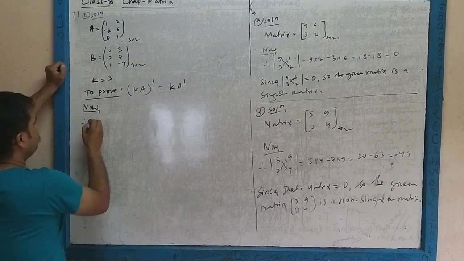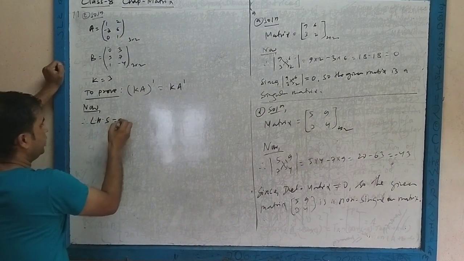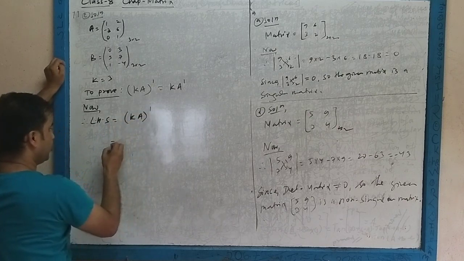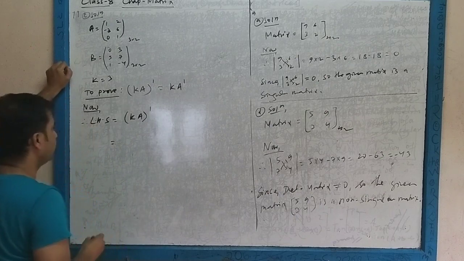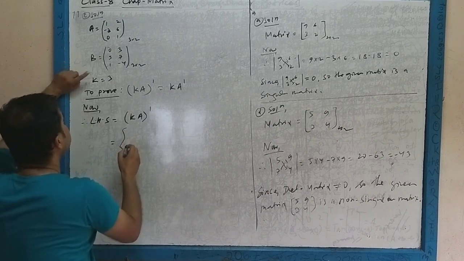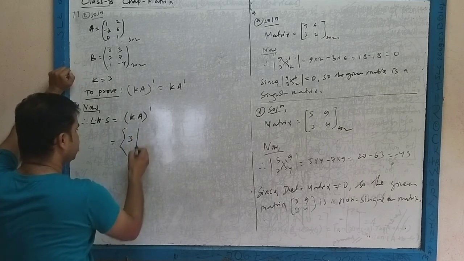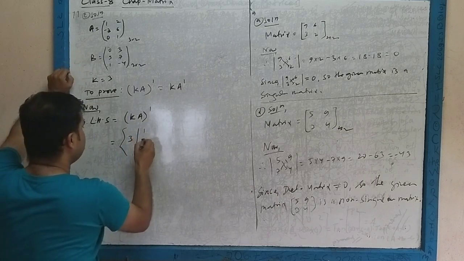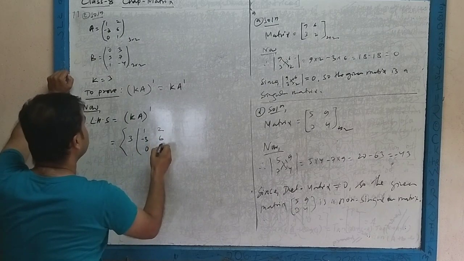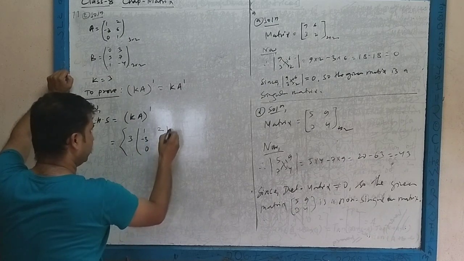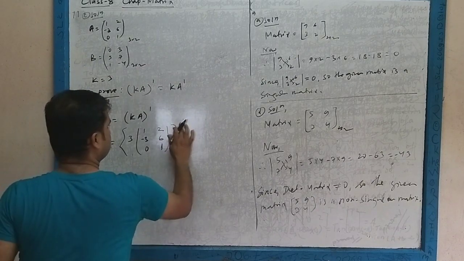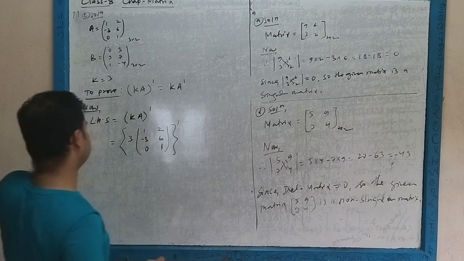The left hand side is (kA) transpose. Here I am using this curly bracket, and K is 3 times A. What is A? A is 1, minus 3, 0, 2, 6 and 1, times transpose. Let's write this.